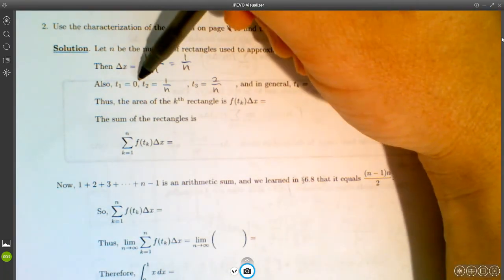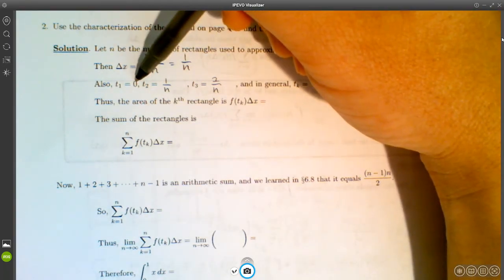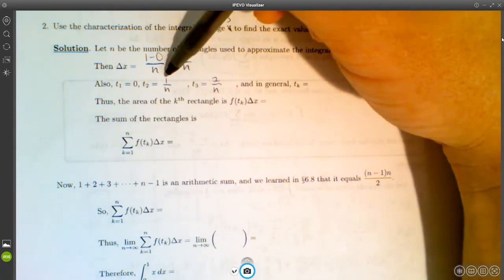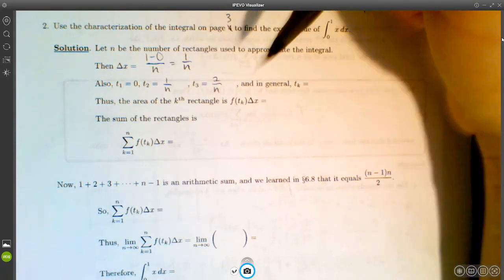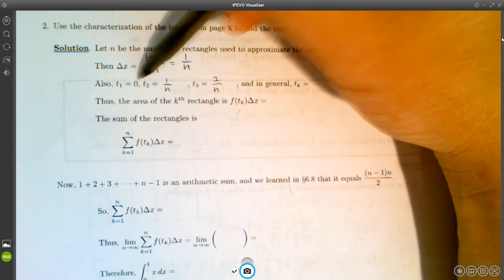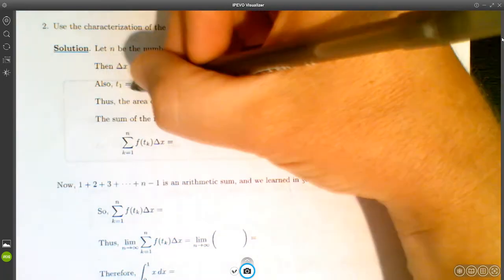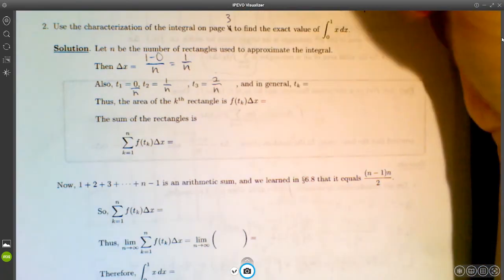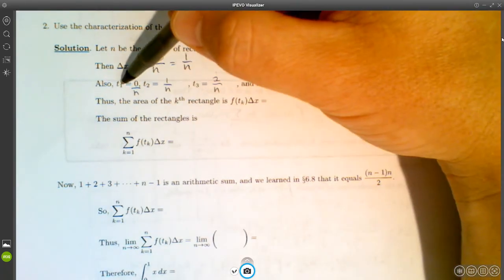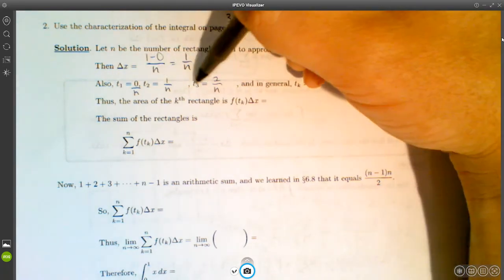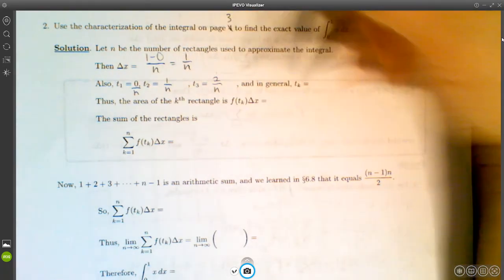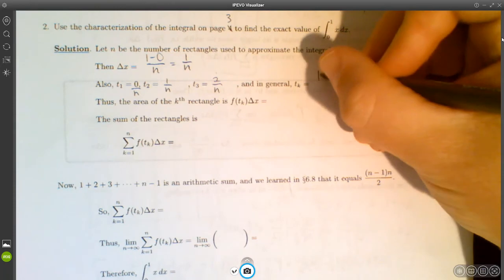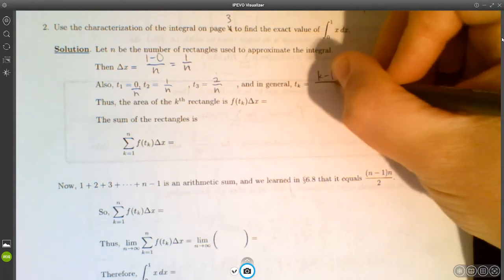So t1 is 0, or in other words, 0 over n. t2 is 1 over n. t3 is 2 over n. It seems like we're going 0, 1, 2 in the numerators, and the denominator is always n. So it seems like the numerator is going to be 1 less than our subscript on the t. So t sub k seems like it's going to be k minus 1 over n.